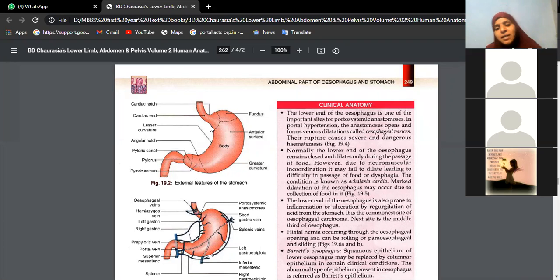So in the previous class, I have shown you this lesser omentum is loaded with fat, right and left gastric vessels, gastric nerves, lymphatics, and lot of fat, right? Then apart from that, there are thickenings of this lesser omentum. From the liver to the stomach, you call it hepatogastric ligament. That is part of lesser omentum only. From the liver to the duodenum, you call it hepatoduodenal ligament.